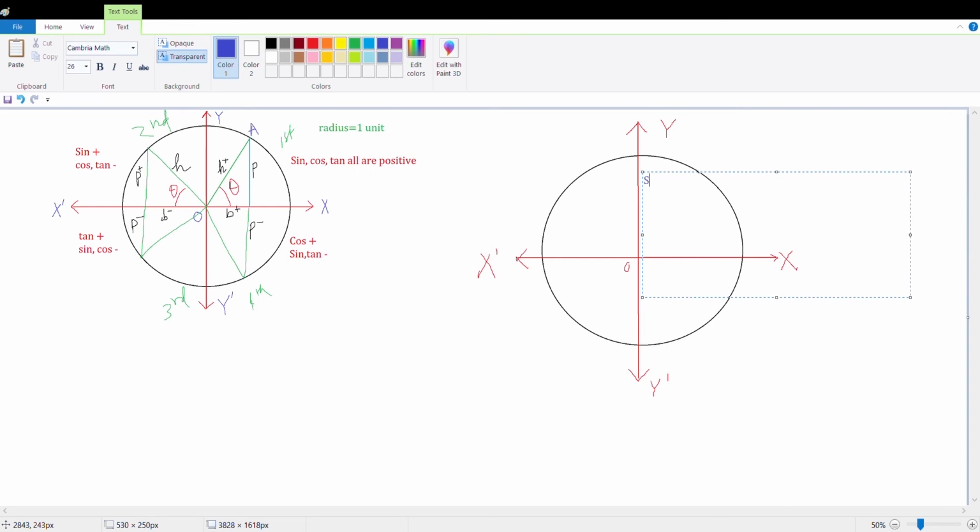In first quadrant, sine and cosec positive. Then cos, sec, tan, cot negative.